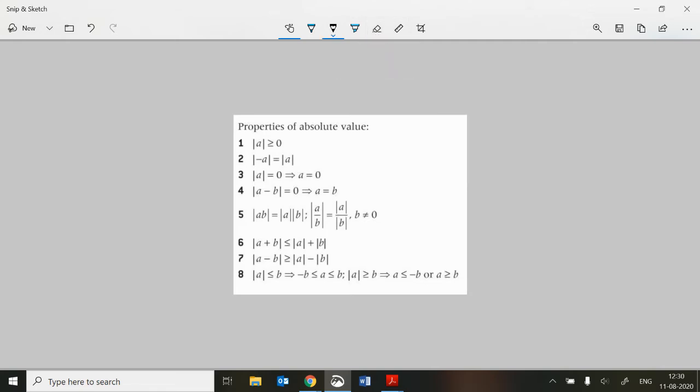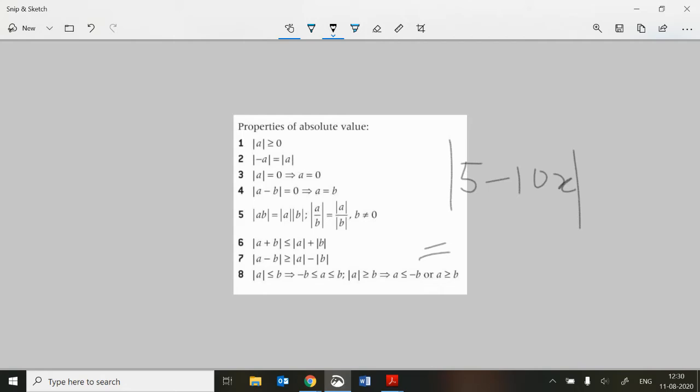That's pretty nice, because it means we can say things like this. If you have the modulus of 6, we can split that up into the modulus of 1 and the modulus of 6. So we can take out factors if we need to, including algebraic expressions. Say, for example, I had 5 take away 10x in a modulus sign.